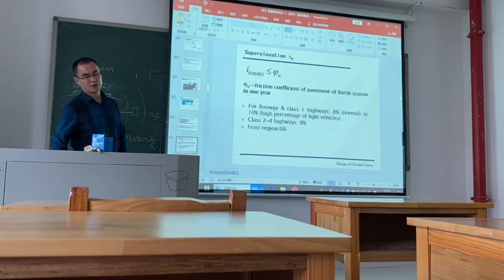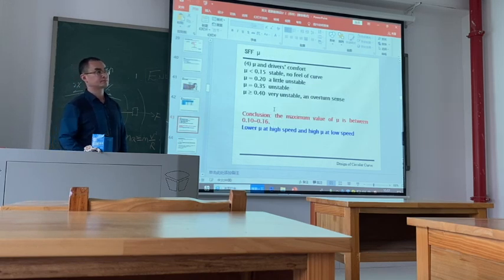When the speed is low, mu is larger. When the design speed of the road is high, mu is lower.